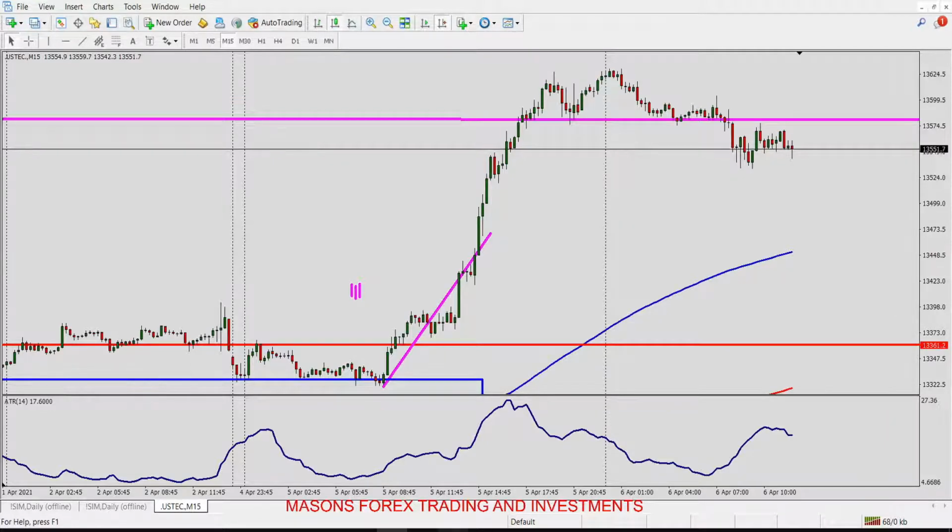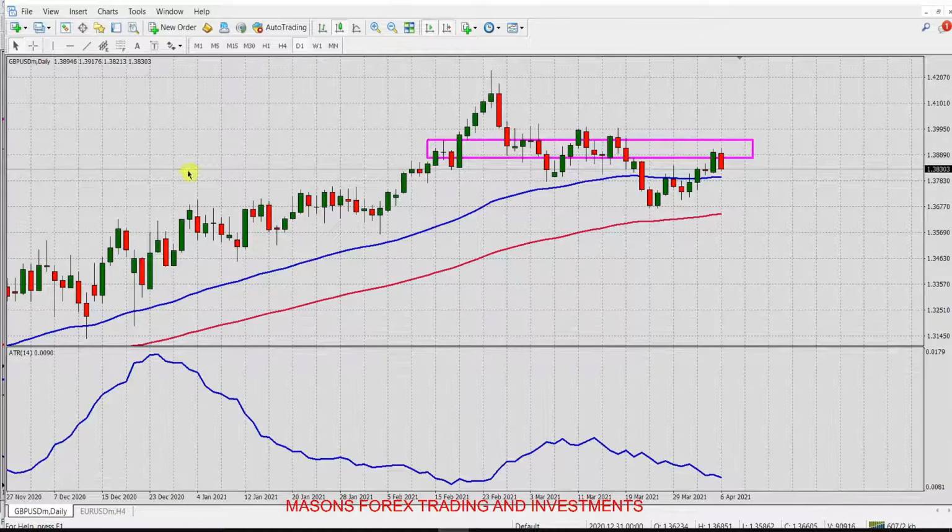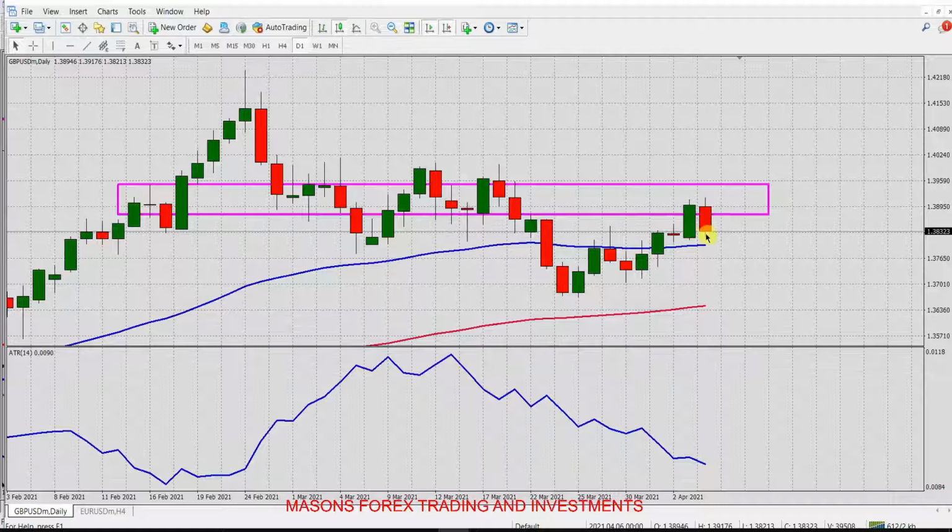I want to show us the Great Britain Pound USD. So this is a daily chart. Again, we identified this potential setup in my previous video. So if you decide to trade on the daily chart, currently you can see we have a red candle in this area, which is this one.